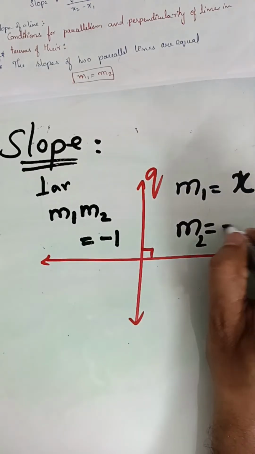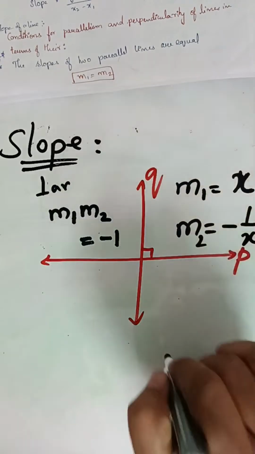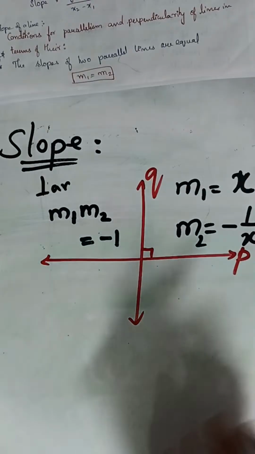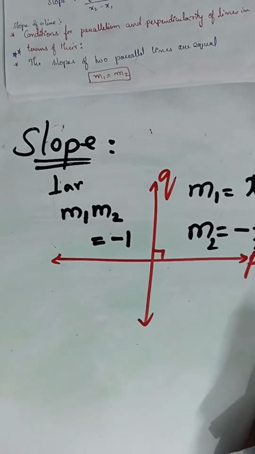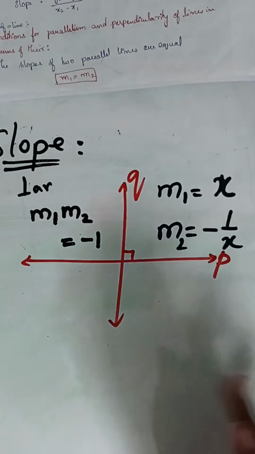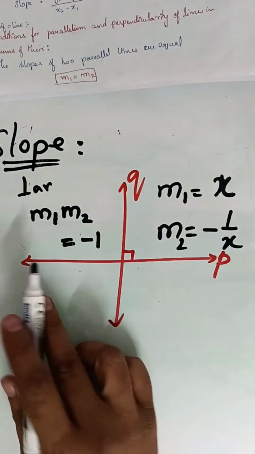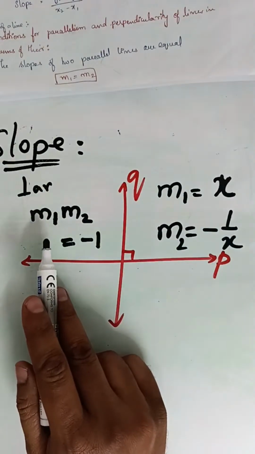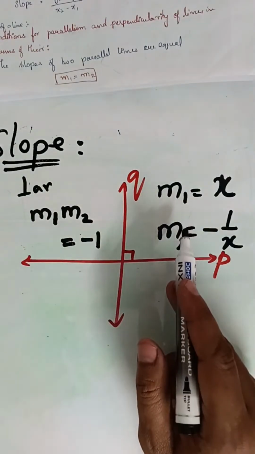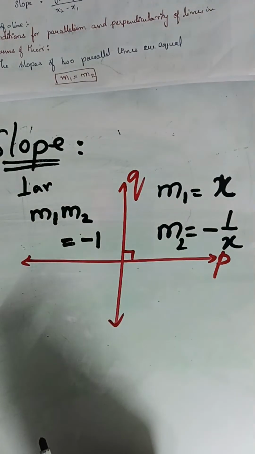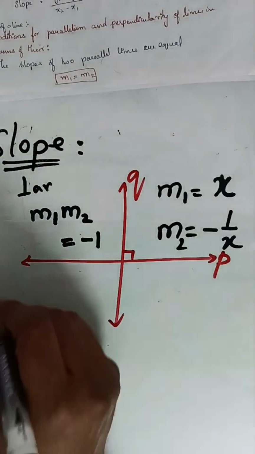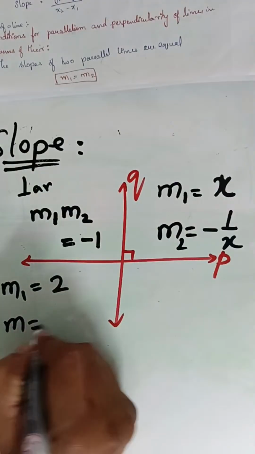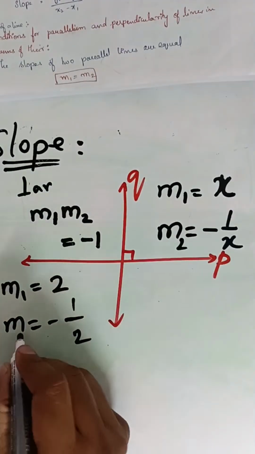When two lines are perpendicular, the slopes should be negative reciprocals of each other. Suppose m1 is 2, then m2 should be the negative reciprocal of m1.